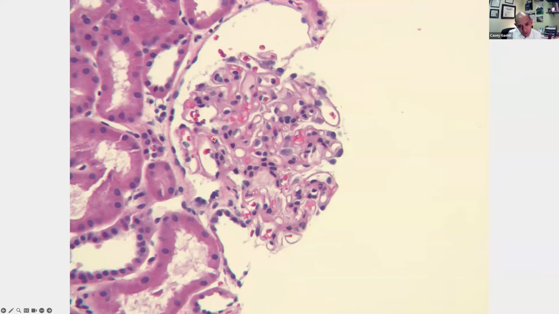I think this is mesangial expansion, some hypercellularity. These capillary walls don't completely look normal, but I always try to reserve judgment for a higher power. There is maybe a little bit of a double contour right here at 4 o'clock. I'll wait on that. That might just be a little on FOSS.